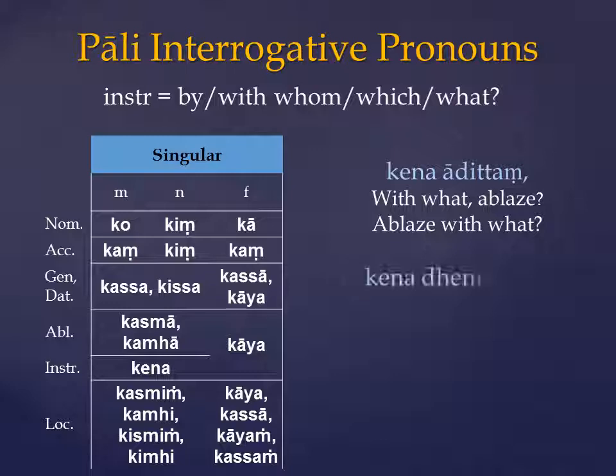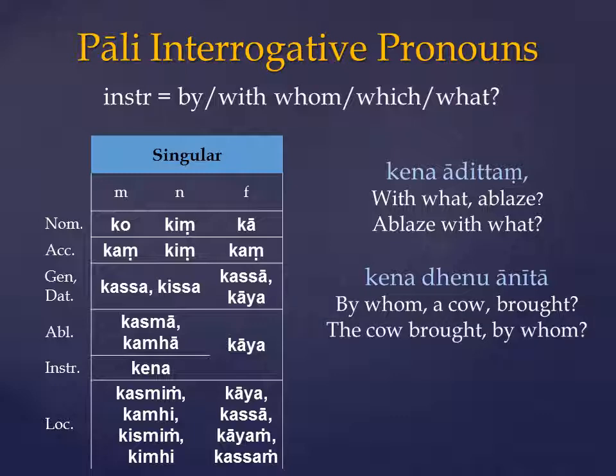And kena denu arnita means by whom a cow brought. In this example, denu, a cow, is a female nominative, while kena is masculine, so we know that the question isn't directly about the cow, but by whom was the cow brought, or who brought the cow.